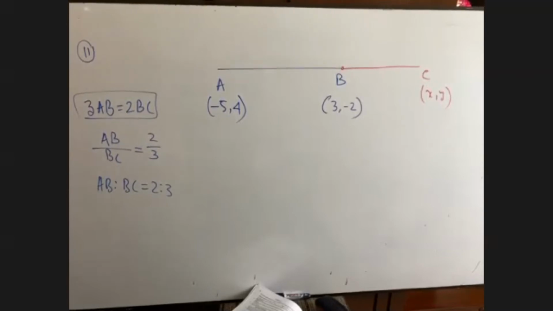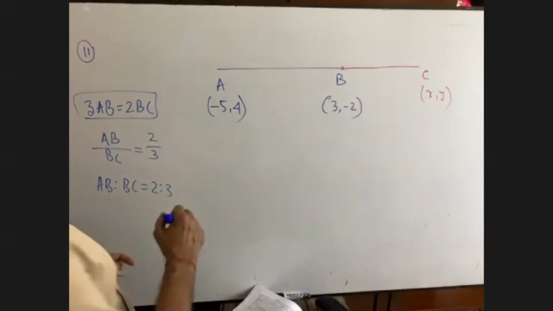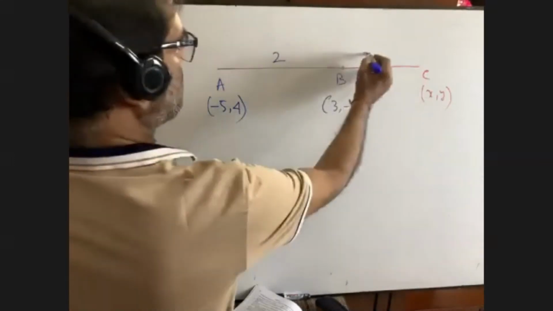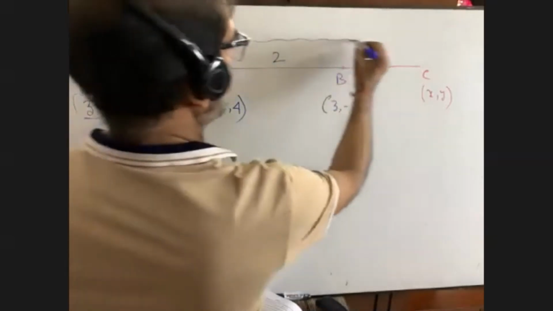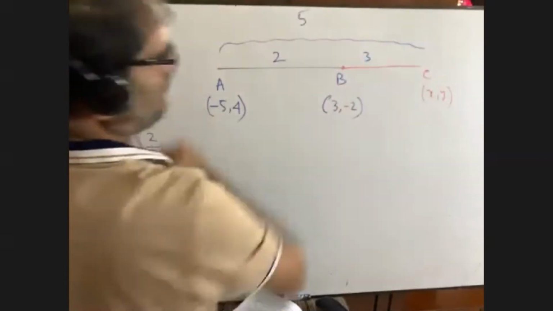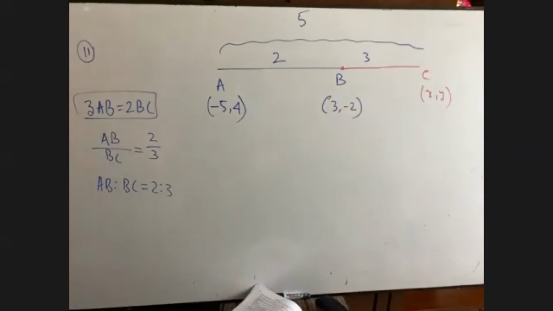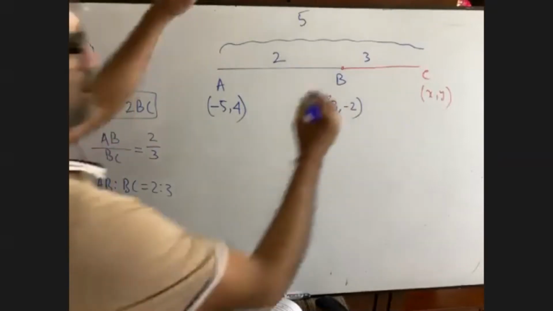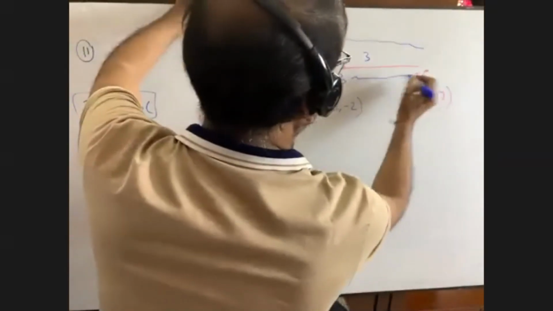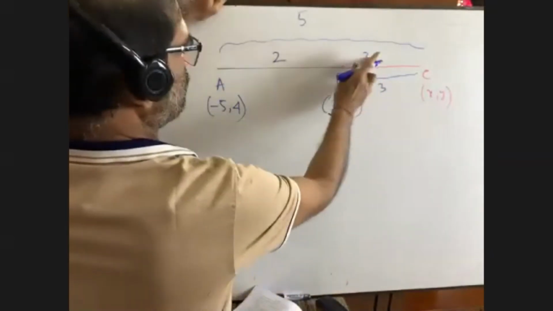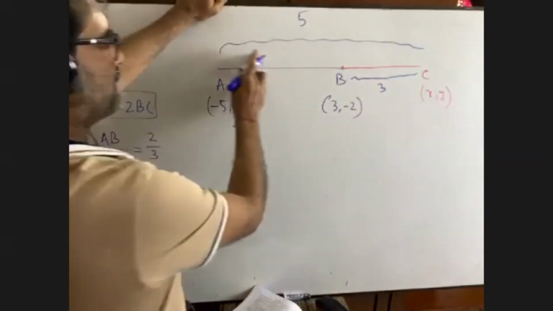Sir, external. Very good. If it is external, then you see it is 2, it is 3. But wholly and fully equals to what? 5. But this is what? 3. Then we don't need that.